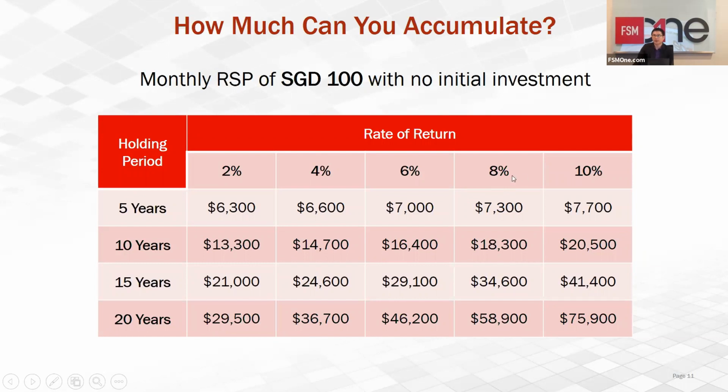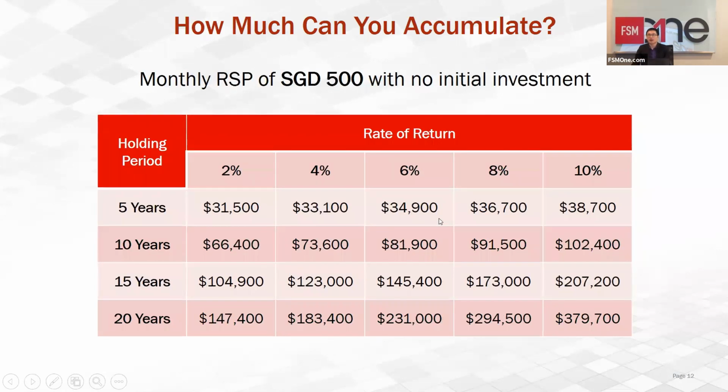At an 8% rate of return after 20 years, this investor can get about $58,900. For investors invested in corporate bonds, for example, perhaps a 4% rate of return is more realistic. And for investors who hold a combination of both bonds and stocks inside their portfolio, maybe a 6% rate of return is more realistic for this group of investors.